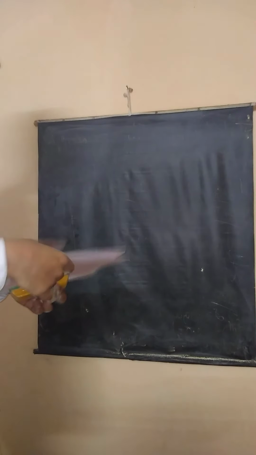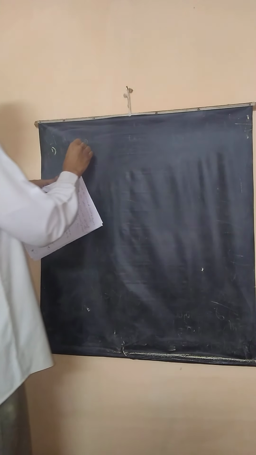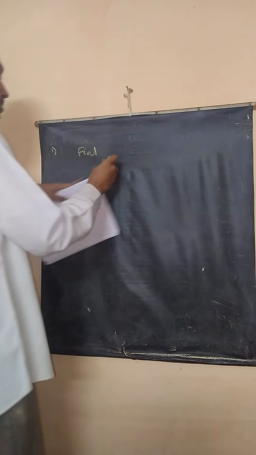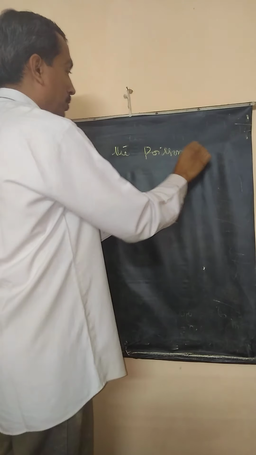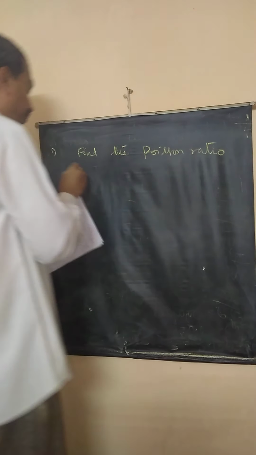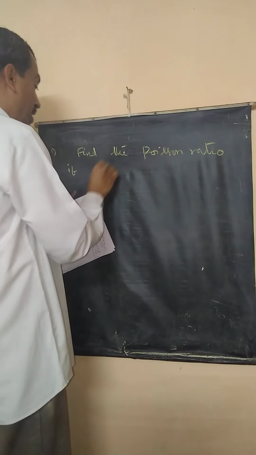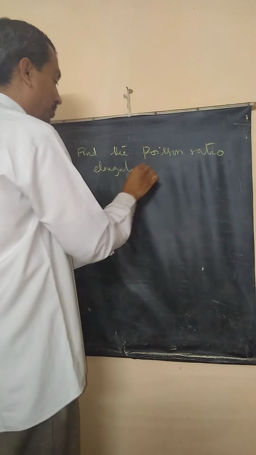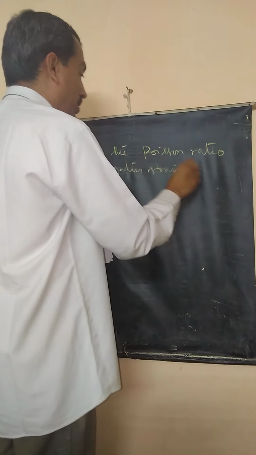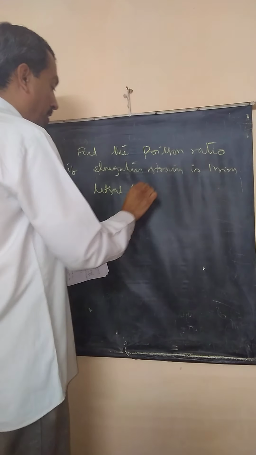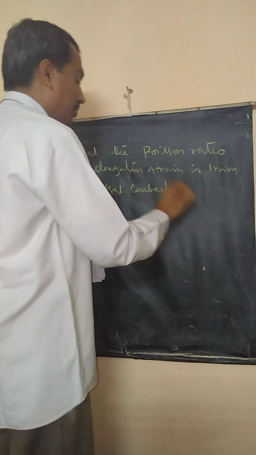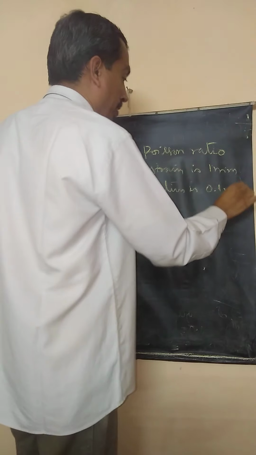You may get a problem on Poisson ratio. See here, find the Poisson ratio if elongation strain is 1 millimeter and lateral contraction is 0.1 millimeter.